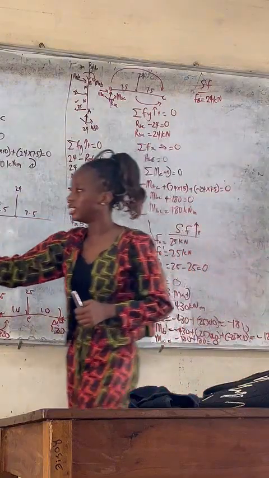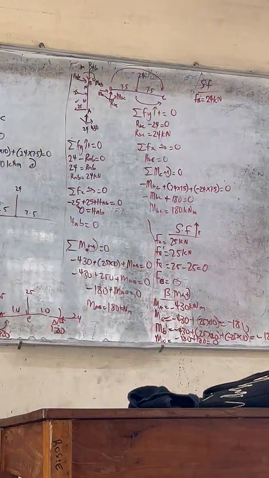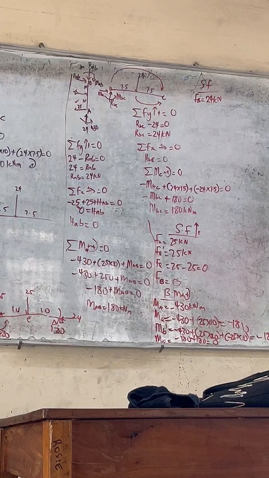That UDL means you don't know what's happening at this point, so we can't just go from B straight to C. This UDL is telling us that something has happened. They've distributed those loads, but we don't know that they distributed equally. We have to find out what's happening in that part.